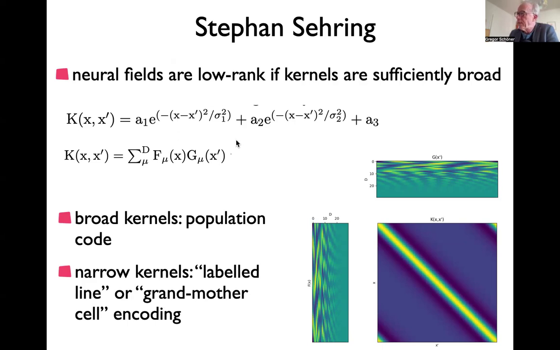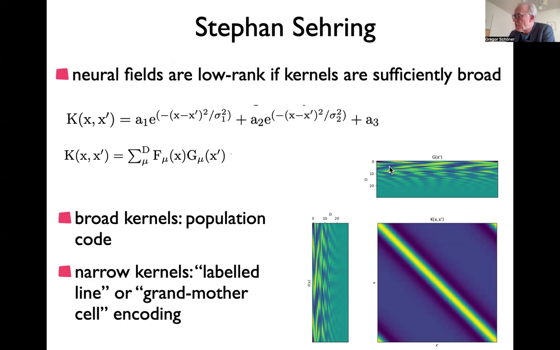So if you look at a typical kernel, this would be a Mexican hat, so constant inhibition. If A3 is negative, it would be global inhibition. This would be maybe local inhibition and a local excitation, and then you're trying to write it as a product of two functions, and there are some basis functions for the f and g, which I don't recall.